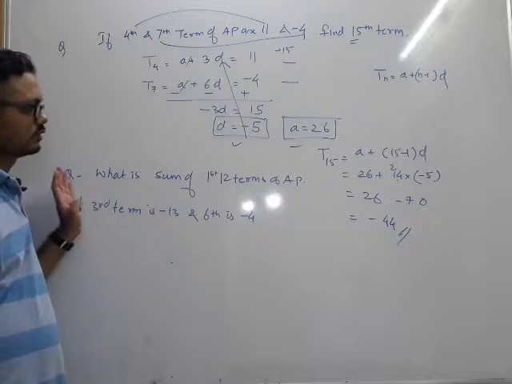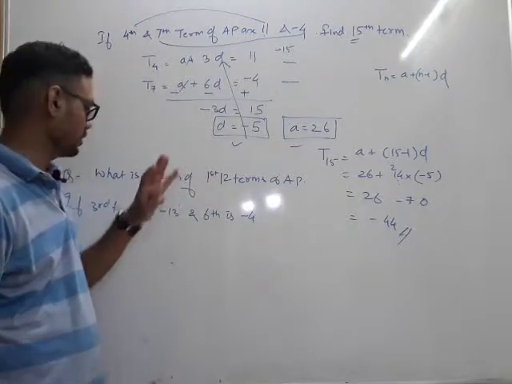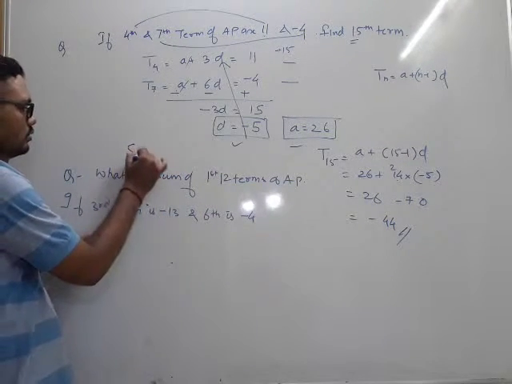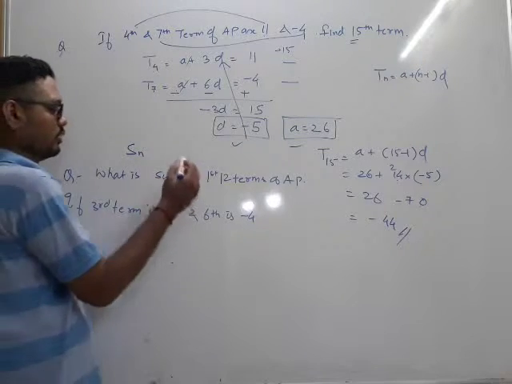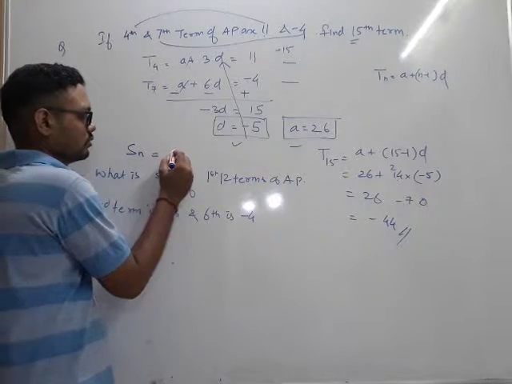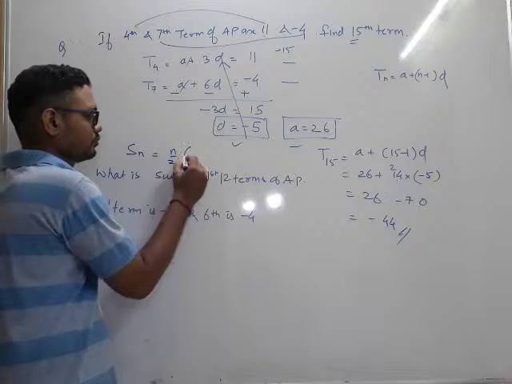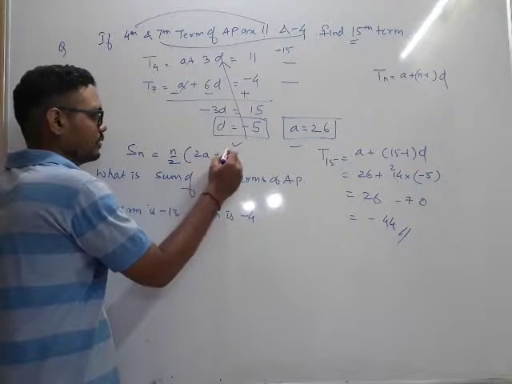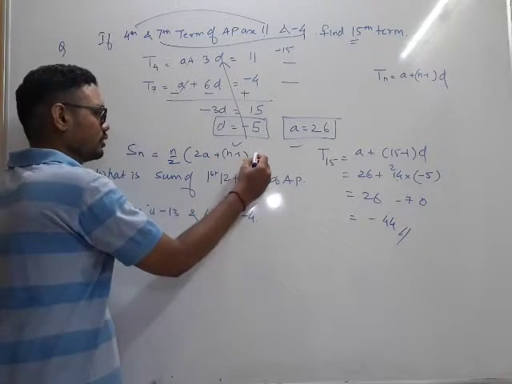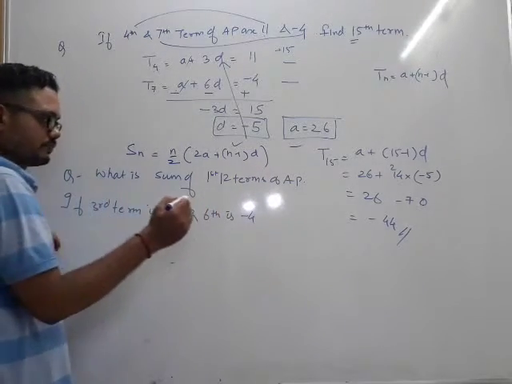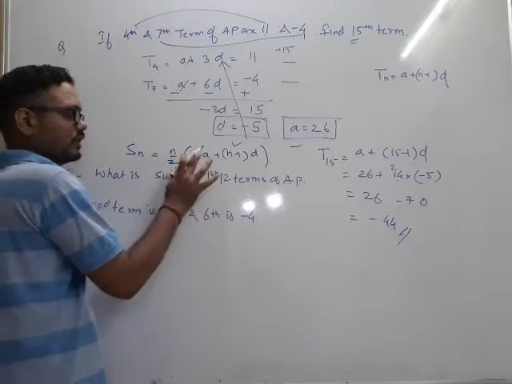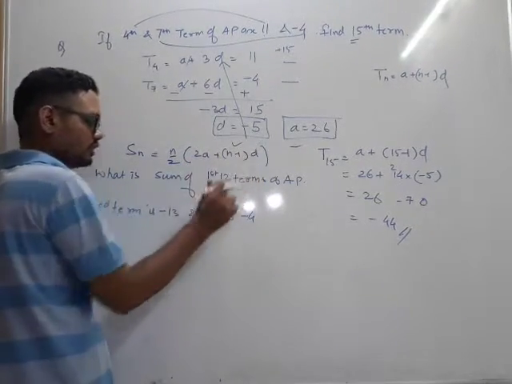Similarly, the sum of the first 12 terms they have asked, as n, which again requires n by 2 into 2a plus n minus 1 into d. This is the formula. No rocket science. You have to find a, you have to find d.